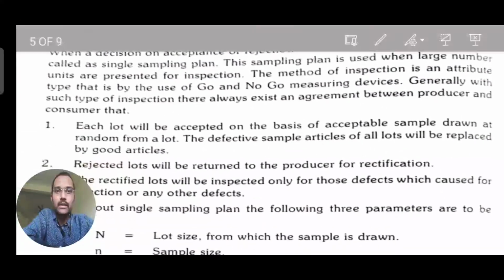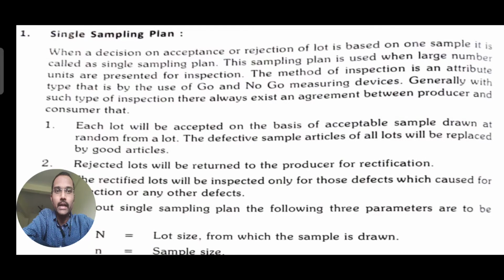As I explained earlier, whenever we want to accept a lot or reject a lot, we have to take a decision.